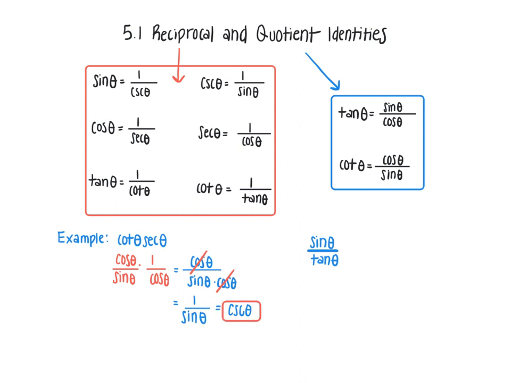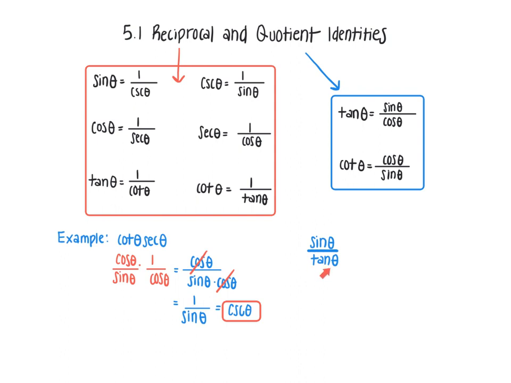So now let's try this again with another problem. Here I have sine of theta divided by tangent of theta. So in my numerator, I don't need to do anything because I already have a sine. But in my denominator, I have tangent. And again, we always want to convert everything in the problem to only sines and only cosines.